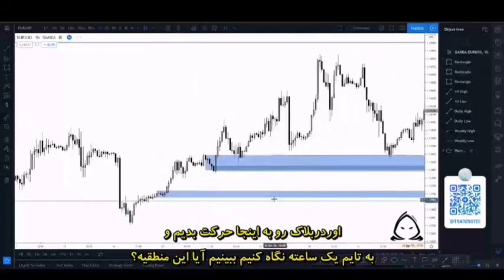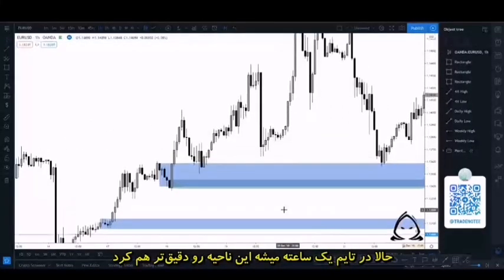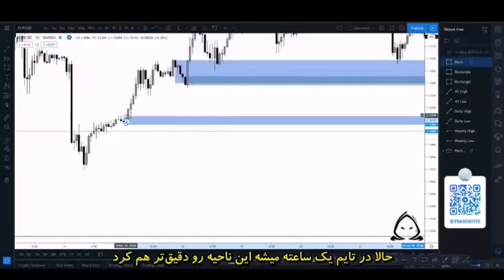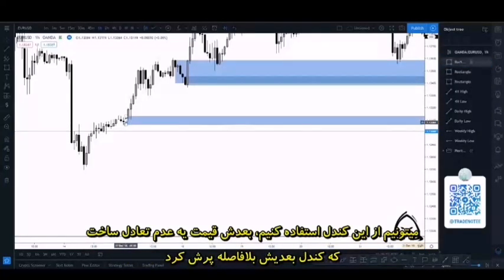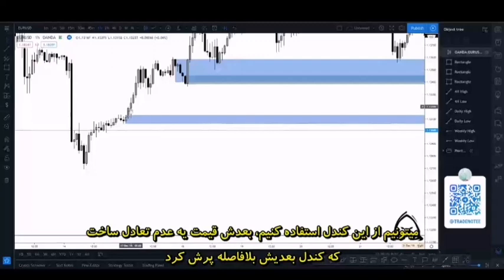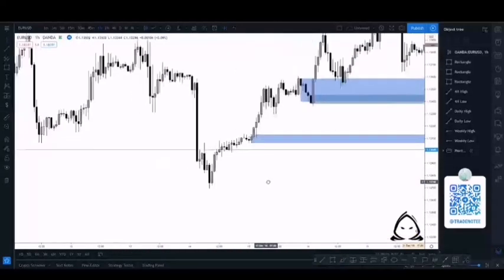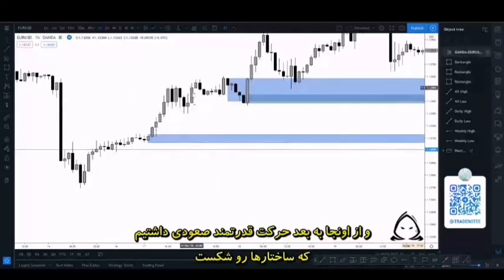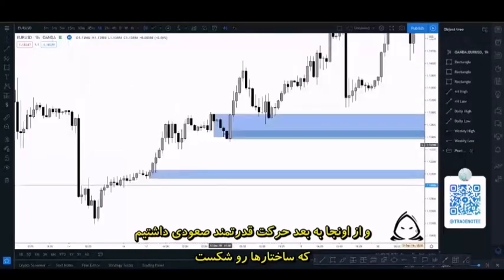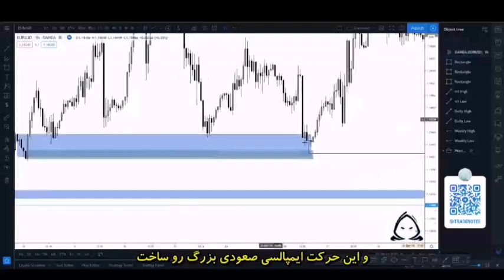And what we can see on the 1 hour, if we just want to clean up that zone ever so slightly more, is that we can actually use this candle right here. The next candle created an imbalance that the following candle filled almost immediately, and then that's when we started to see the rally to the upside, breaking structure and creating this large impulsive move to the upside.